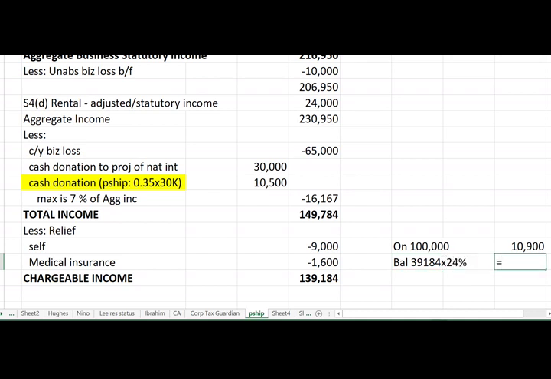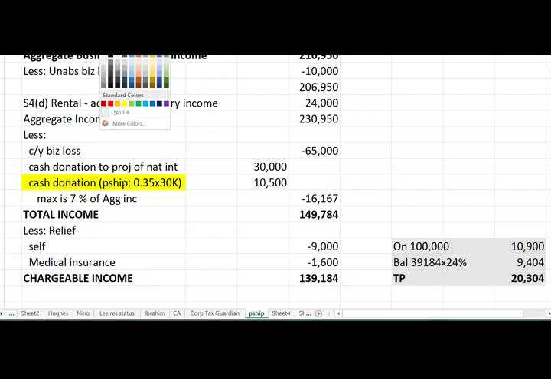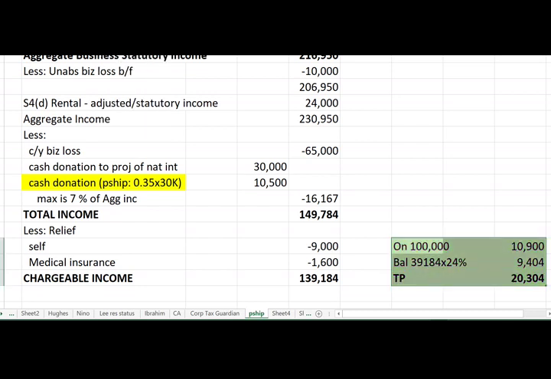So 39,184 at 24%. Then this is your TP. Okay, now I'm just doing it here so that I don't have to scroll down. So you can see that there's more space for you to refer. Okay, that's your TP.